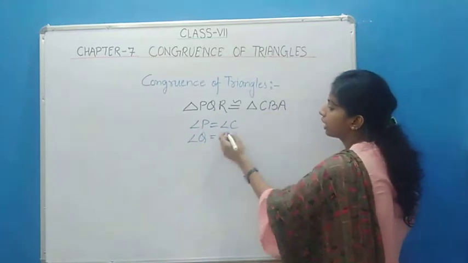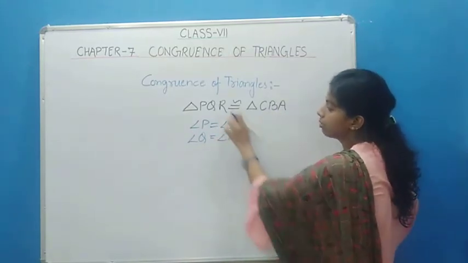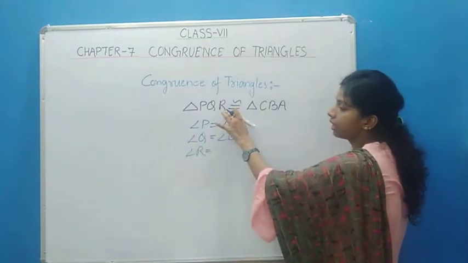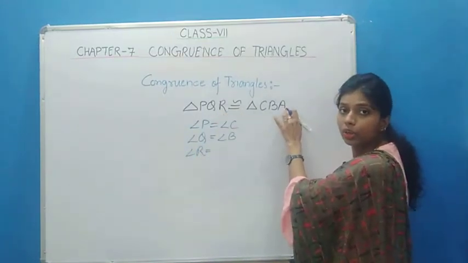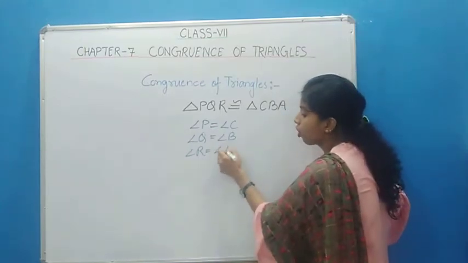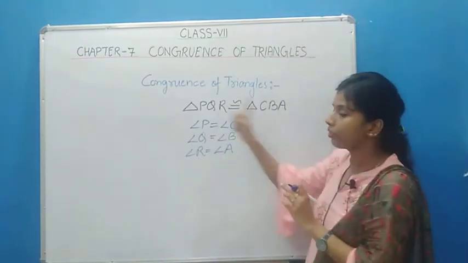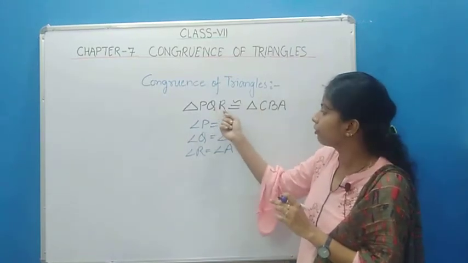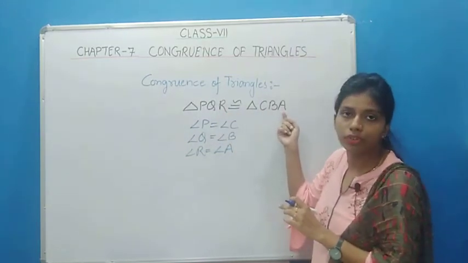So here we take angle B. Similarly angle R is at the last, so angle R is equal to angle A. So we notice that if we take from first here, then we have to take first there also. If here we take from the last, there also we have to take last.